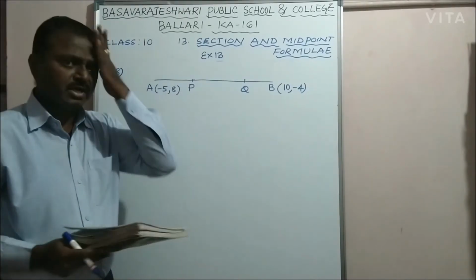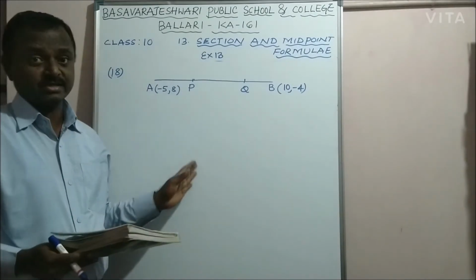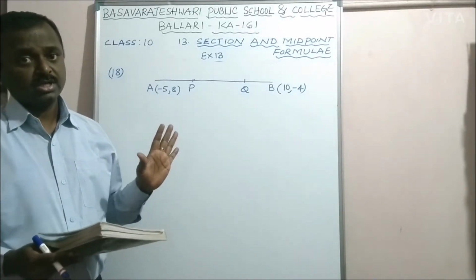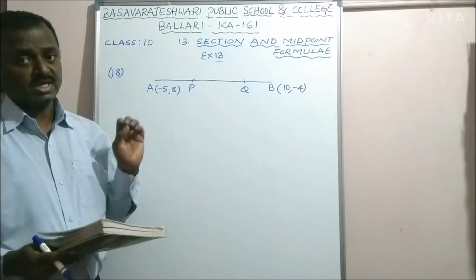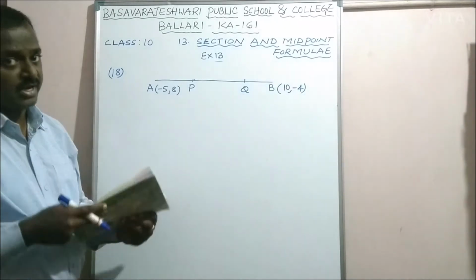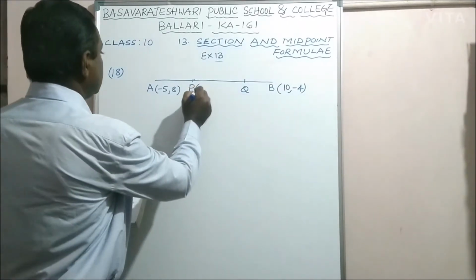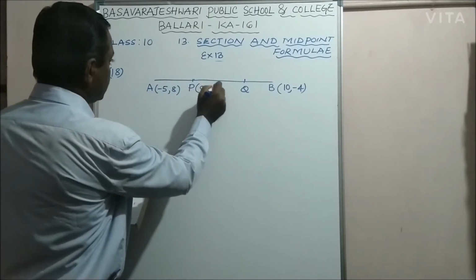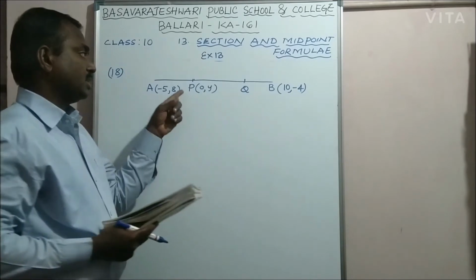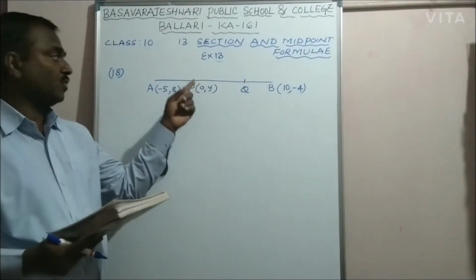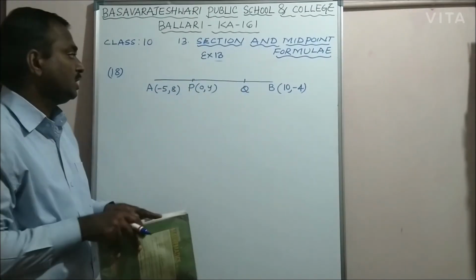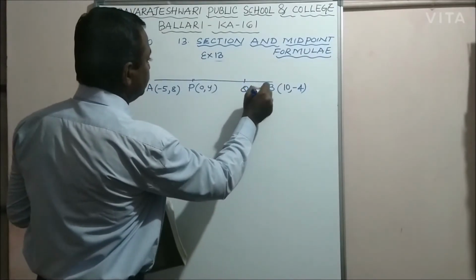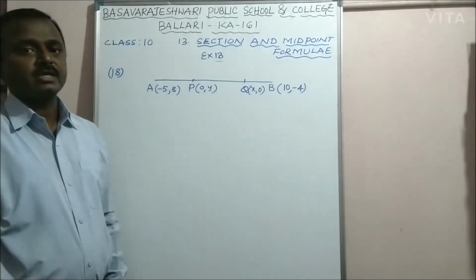Coordinate axis means they didn't tell that P is on the x axis, Q is on the y axis, such things they didn't tell. So as we see in the answer, it is trisected by the axes: AB intersects the y axis at P, with coordinates 0 comma y. Similarly, it intersects the x axis at Q.